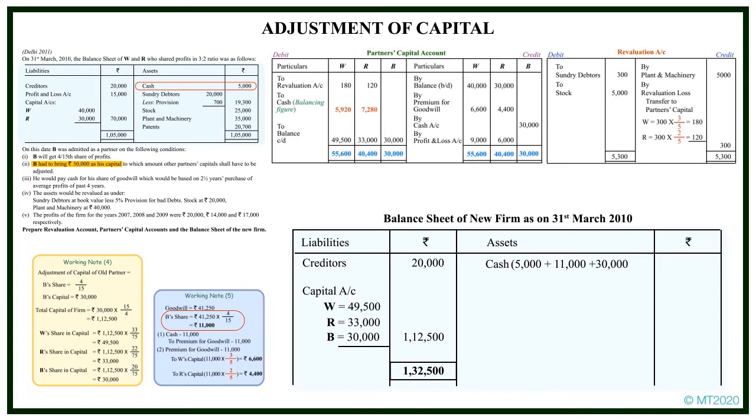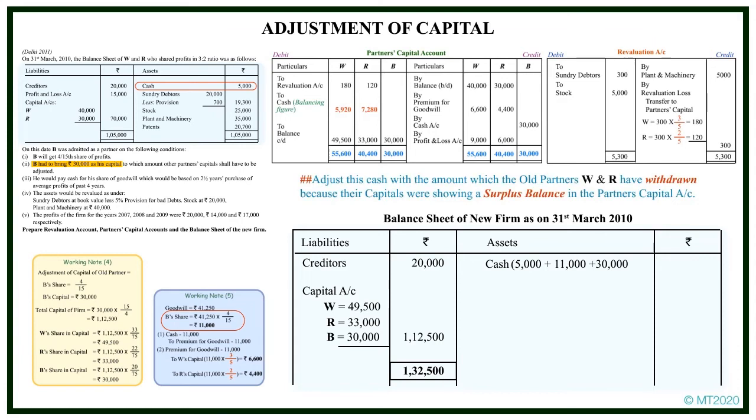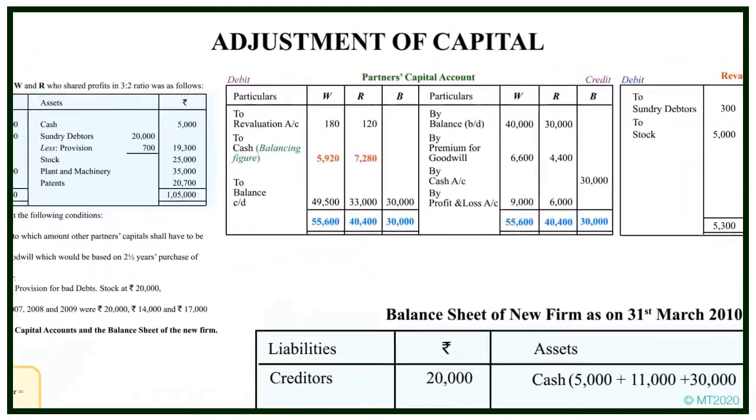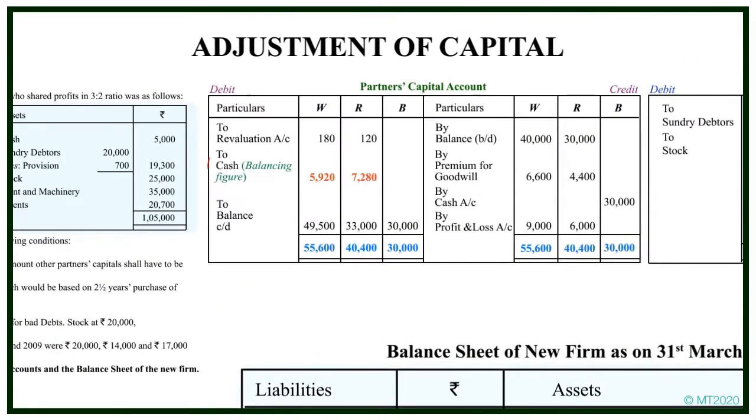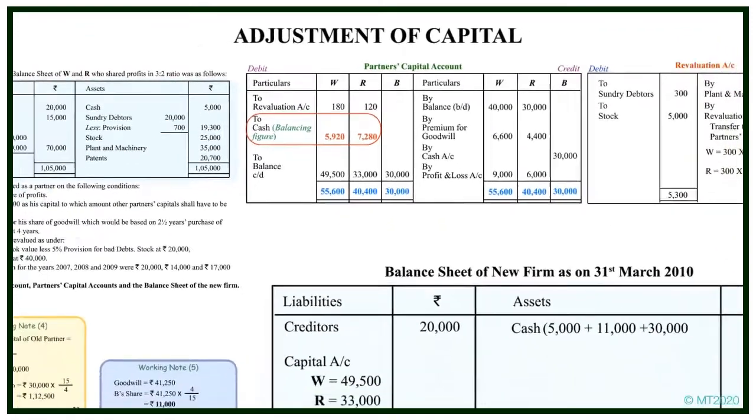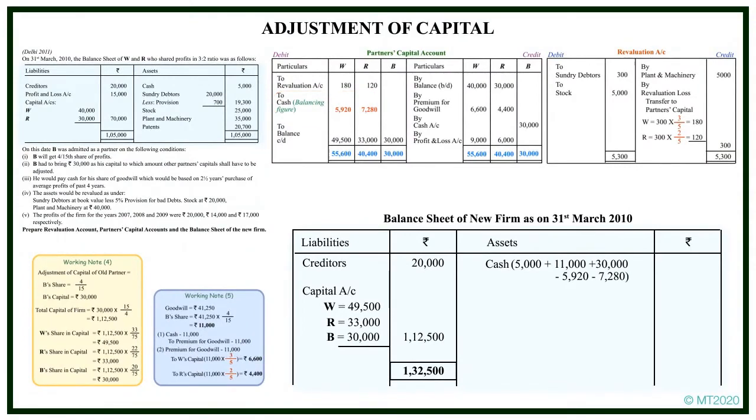But in the balance sheet, we also have to adjust this cash with the amount which the old partners W and R have withdrawn because their capitals were showing a surplus balance in the partners' capital account. So the amount withdrawn by W and R, that is 5,920 and 7,280, will be subtracted from the cash available.